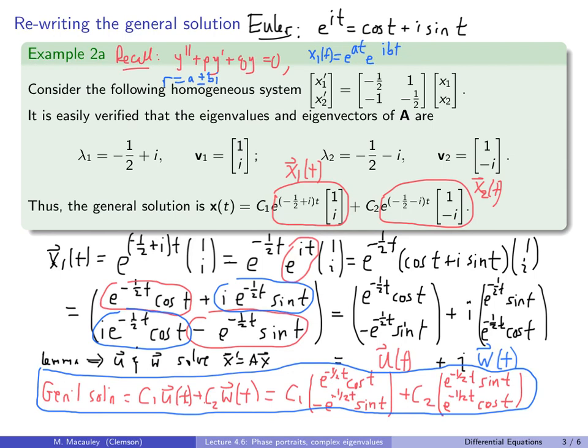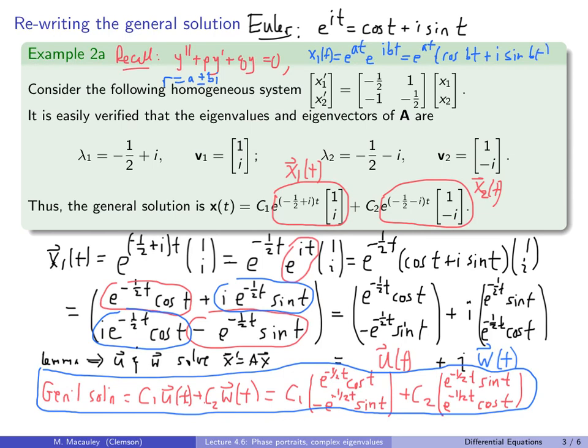That's a solution. And then we took this and we wrote e to the a t times cosine of bt plus I sine of bt.